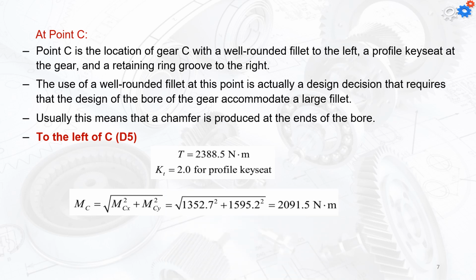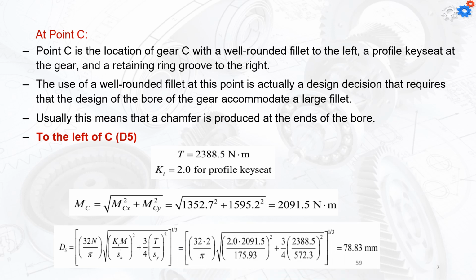So obviously I can tell that the KT is going to be smaller, the torque is going to be the same, the bending moment is going to be less, so I expect that the diameter for this section is going to be smaller than the previous one, and it's going to drop down to 78.83 millimeters. Now, once again, just remember that these diameters are going to be the minimum diameters I can use. And once again, we can choose the diameter based on the catalogs for the different parts we have.